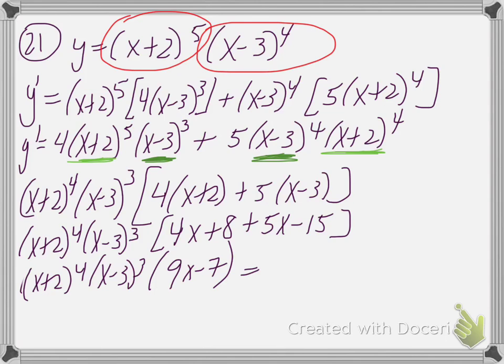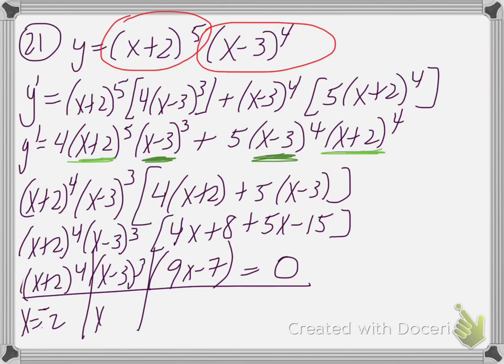And I'm setting that thing equal to 0. So when I do that, I should have 3 answers. X equals -2, x equals 3, and x equals 7/9. Okay, so the question is asking about the critical points.